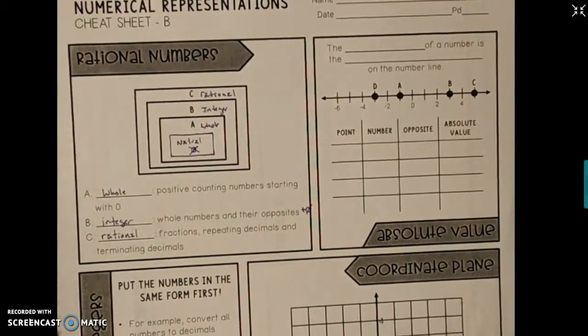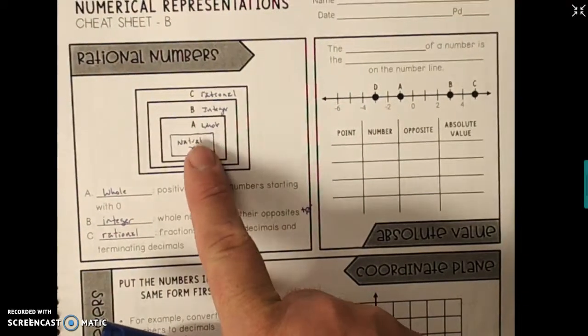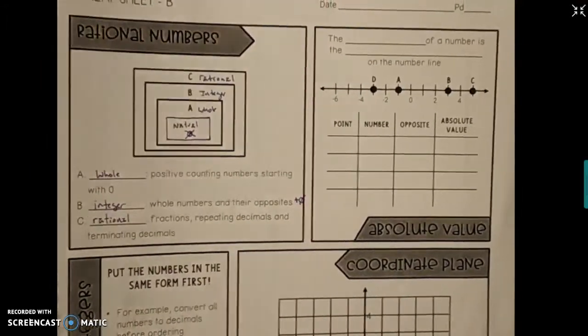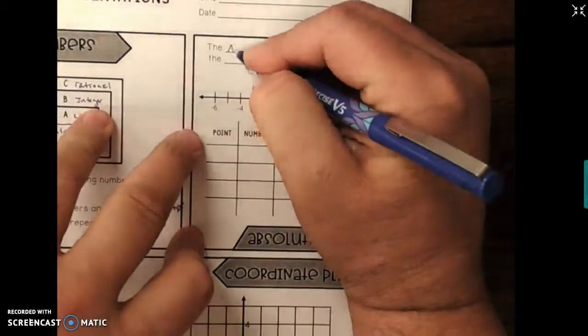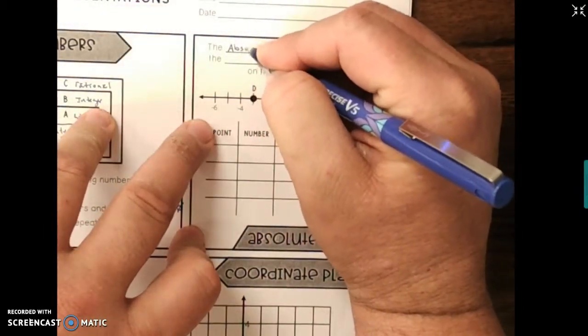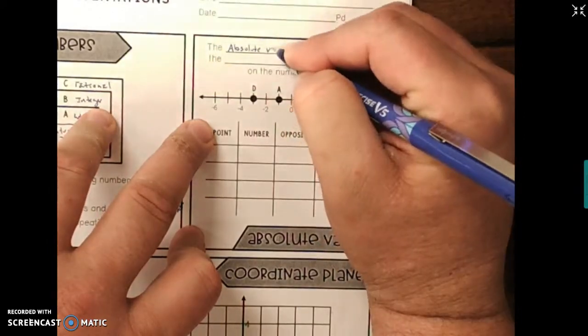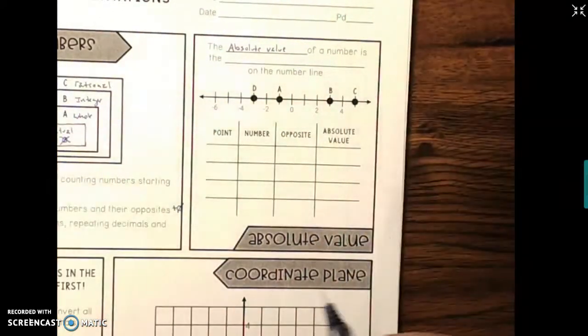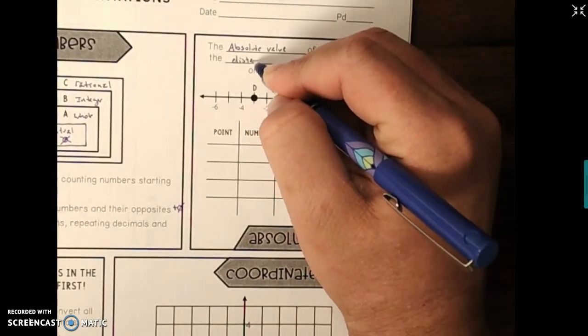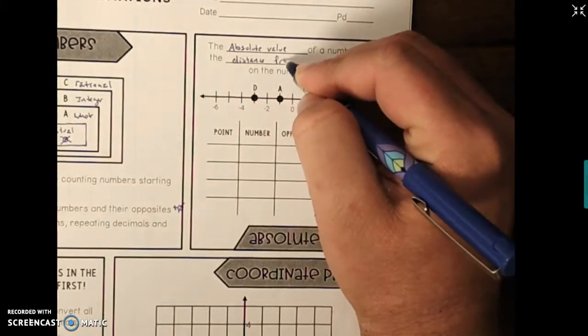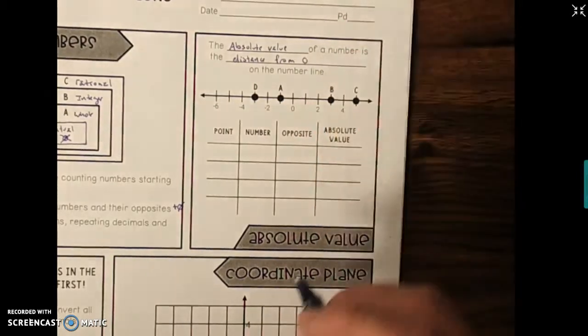Okay. This won't be on your test, but we did talk about it, so I want to make sure I include it in our notes. We're looking at a number line. Absolute value. The absolute value of a number is the distance from 0 on a number line.